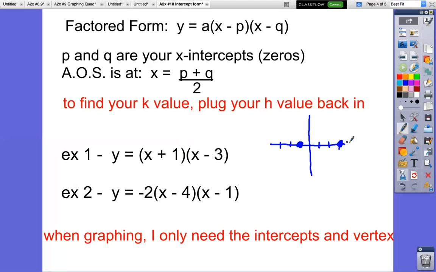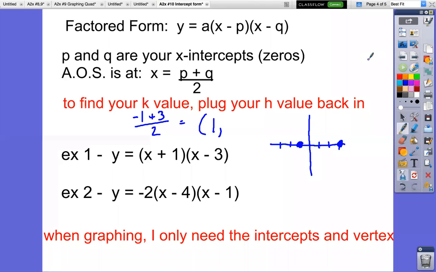So we're doing this all together. Now, this is the only type of graphing I'll let you get by with just 3 points. So now we just need to find the vertex. So you said -1 and +3. -1 plus 3 is 2 divided by 2.